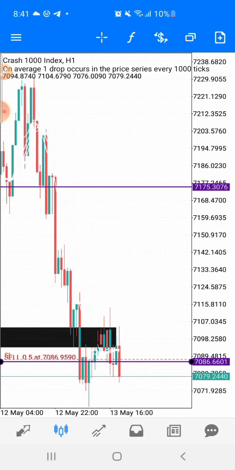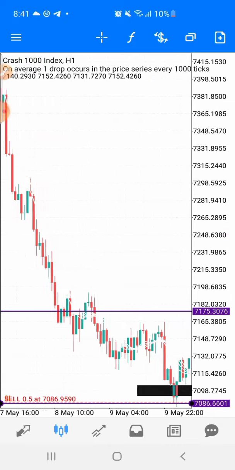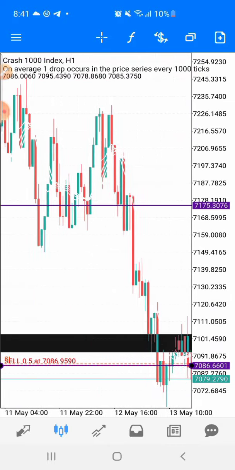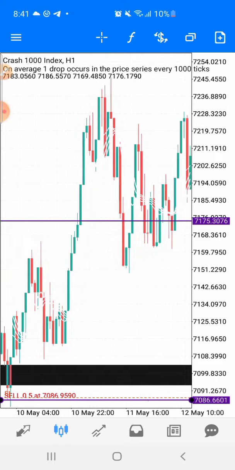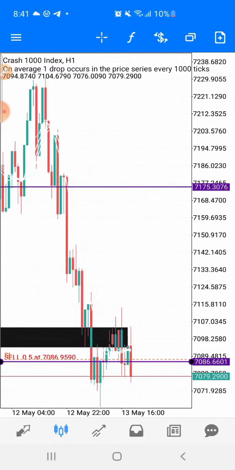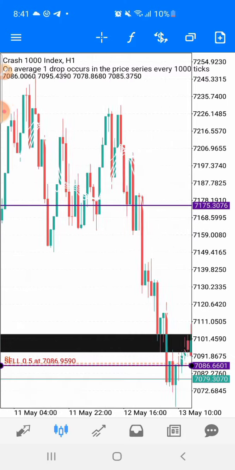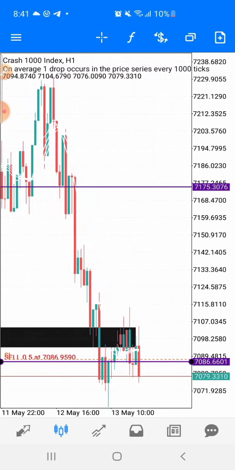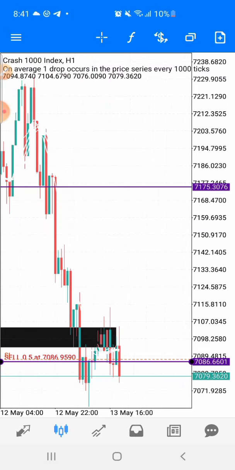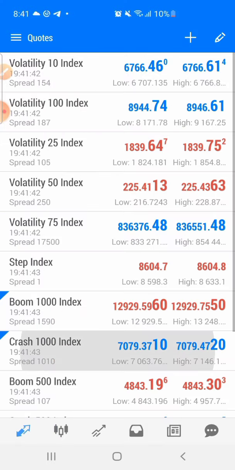So that's the importance of following the trend, guys, and also this break and retest strategy. You can see that we already started the movement down to another level after a swing low, like what happened here.